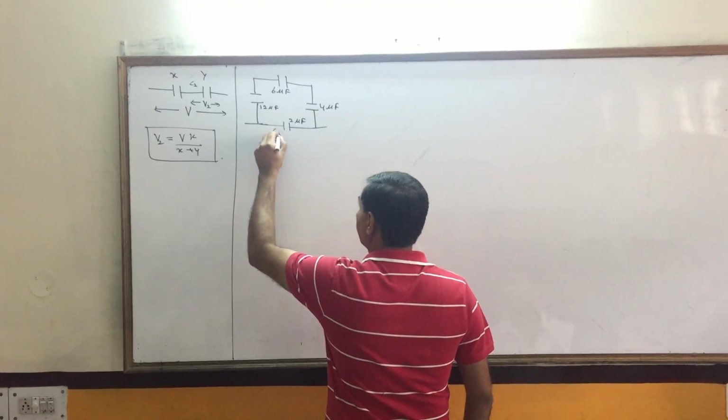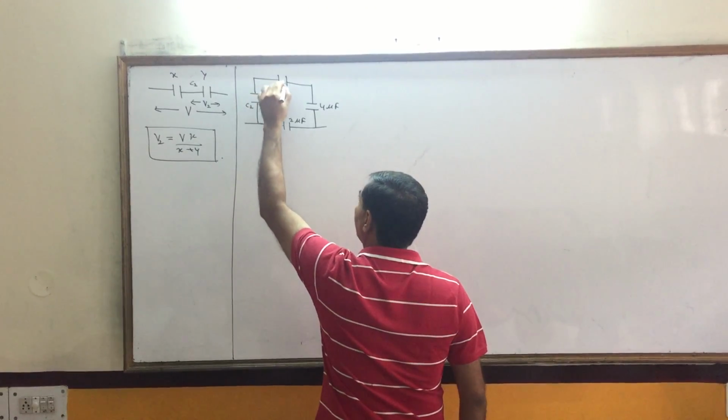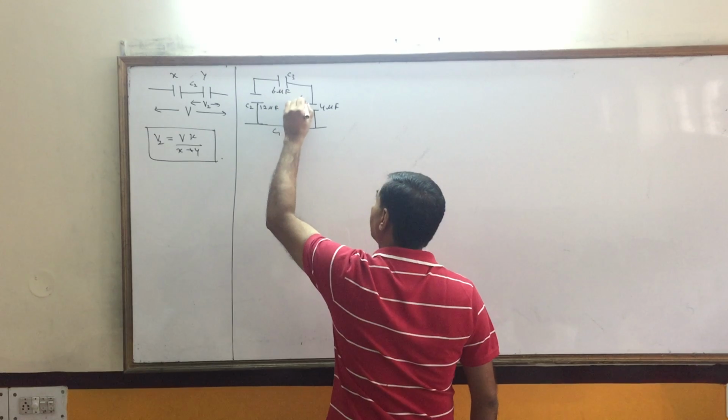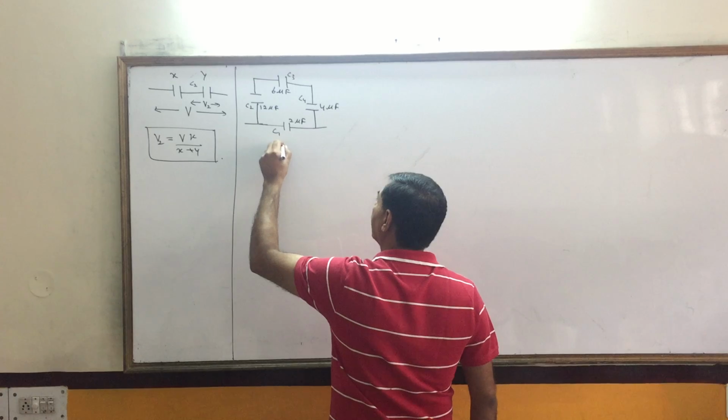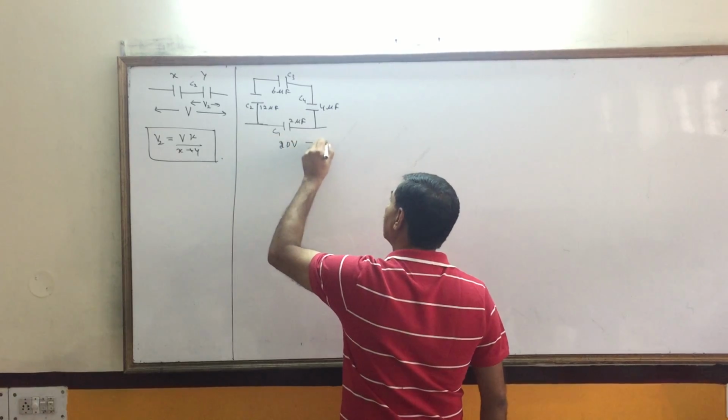Ready? This is C1, C2, C3, C4, and this is, let me say, 20 volts.